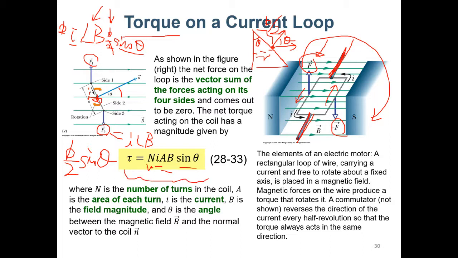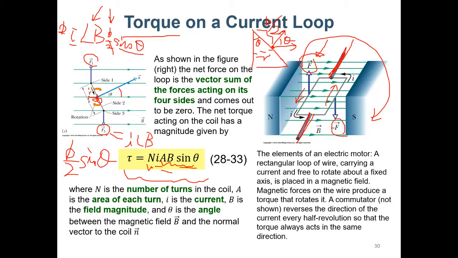Actually, you can write it as a cross product, something like the area vector cross with the magnetic field.